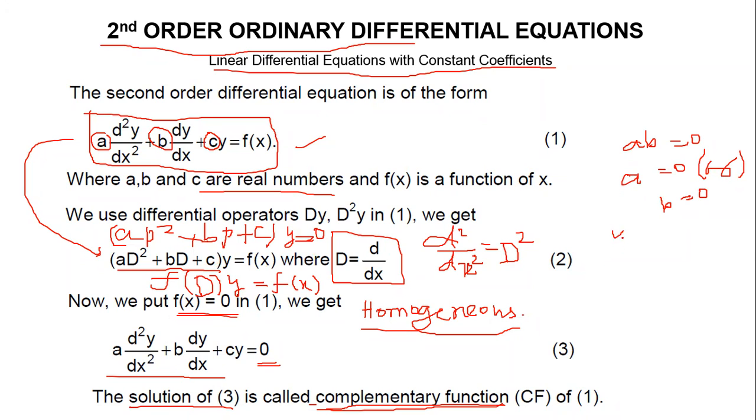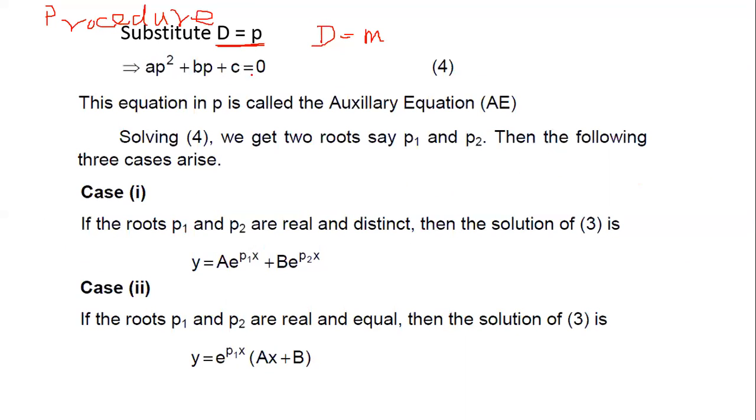In case y equal to 0 there is no meaning, because y is the solution of the differential equation. So y equal to 0 is not possible. Therefore, we can take a p square plus b p plus c equal to 0, which is equation number 4.